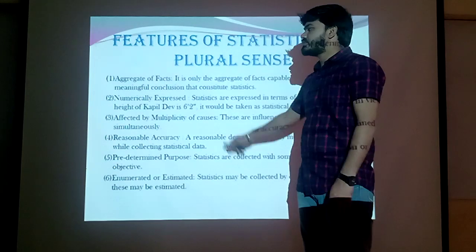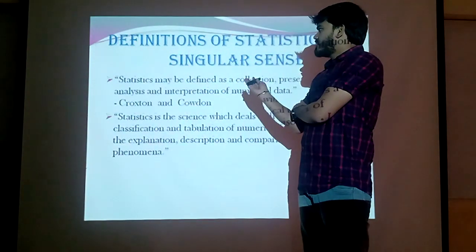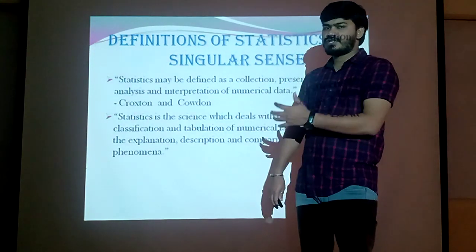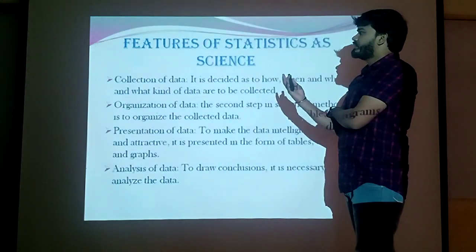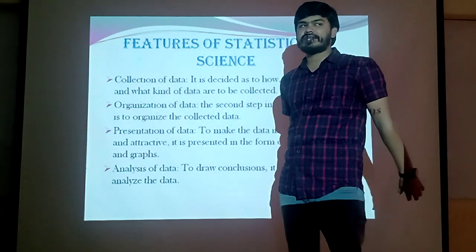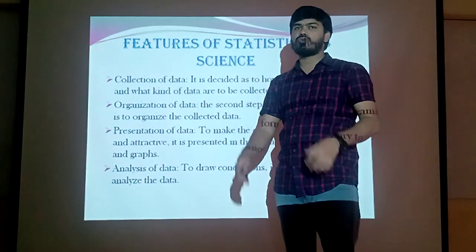These features we already discussed in my last class. In the singular sense, the meaning of statistics according to statisticians, especially Lovitt and Croxton and Cowden, also has some features for science, as statistics is considered a science. So you have to combine the singular as well as the plural features for the 5 marks or the 10 marks question.